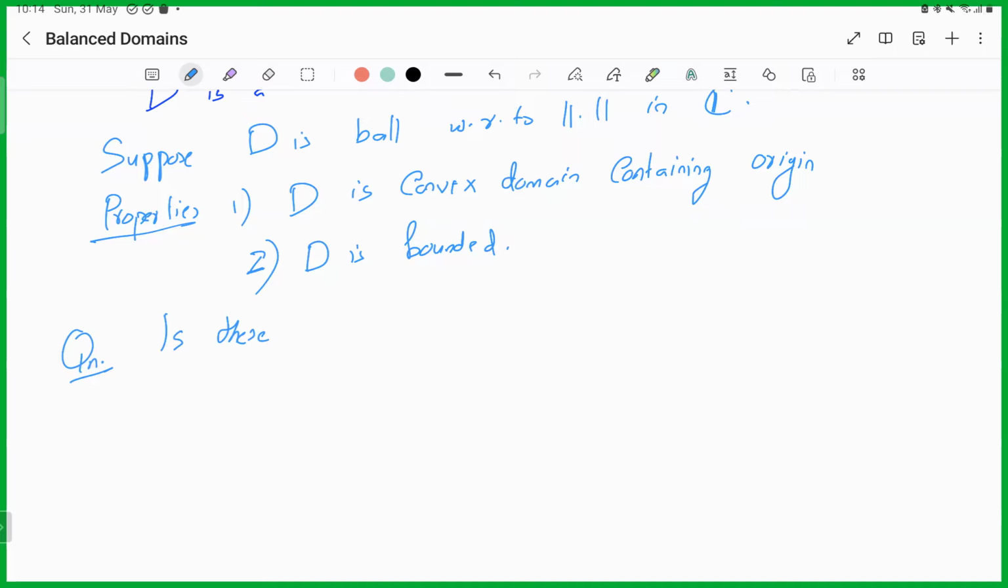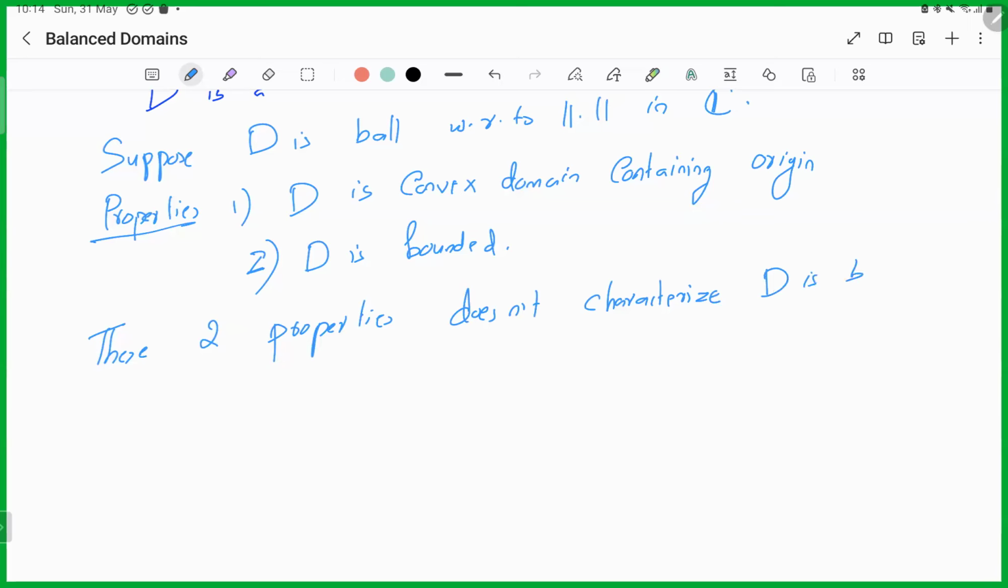Yes. Because these two properties actually do not characterize that D is a ball. Because we have many examples. If D is just a bounded convex domain, that need not be a ball.